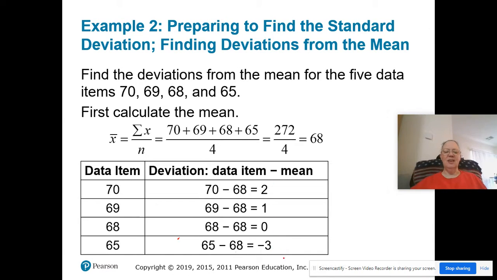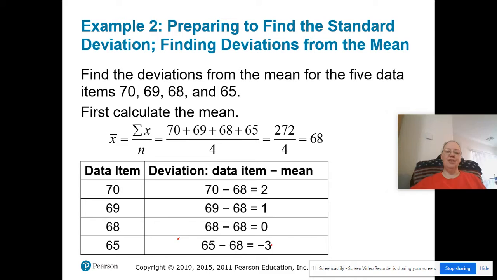Now, standard deviation, what we're trying to figure out is how far away, on average, each data item is from the middle, the mean. If we were to just calculate the deviation from the mean, data item subtract the mean, and then add these up, this being negative is going to mess it up for us.